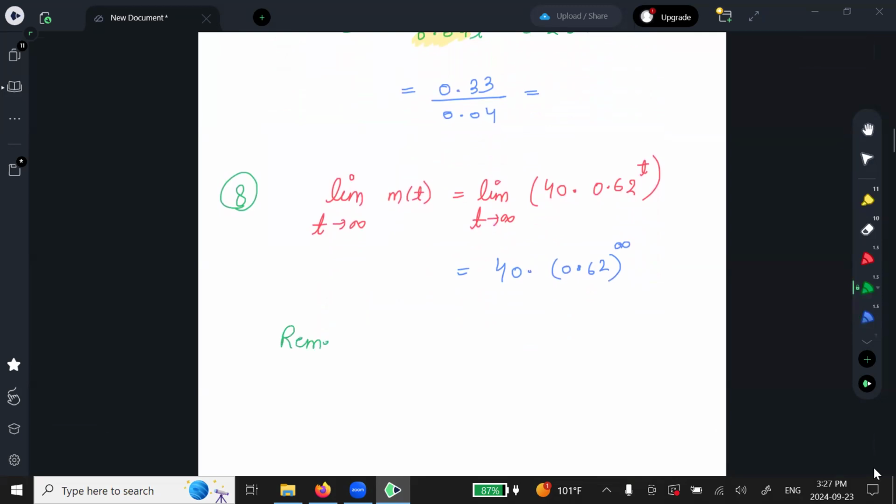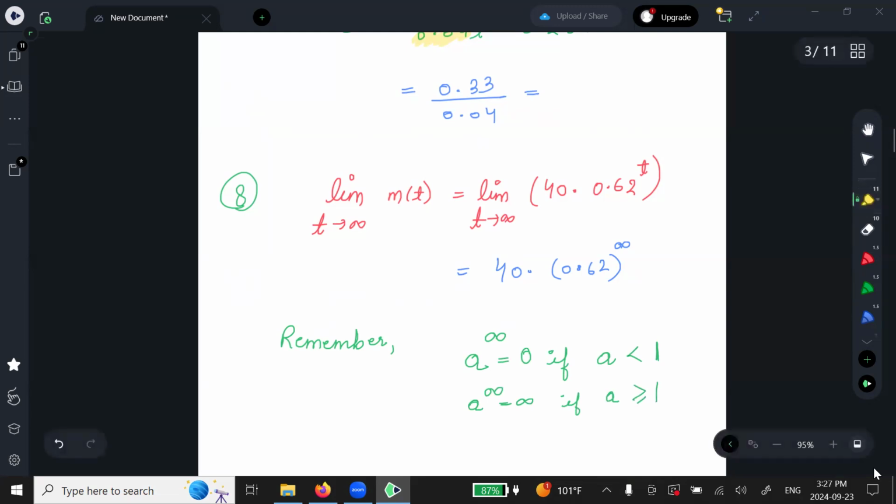Remember, a to the power infinity equals 0 if a is less than 1, okay? A to the power infinity is infinity if a is greater than or equal to 1. Okay, these are the 2 rules I want you to remember.